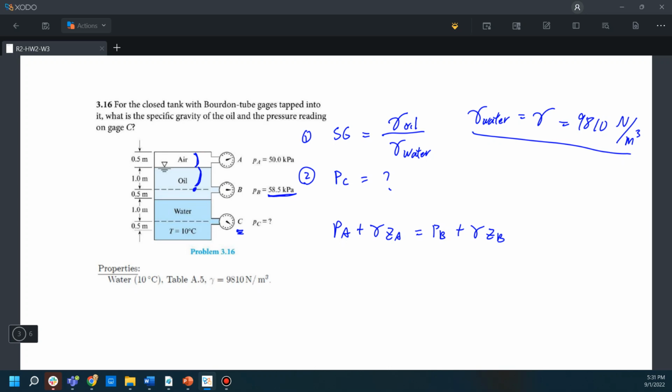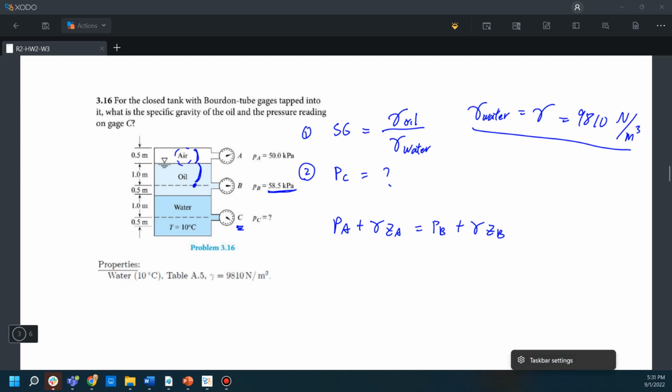Okay, so we already know that the pressure for the first part is equal to 550,000 Pa.